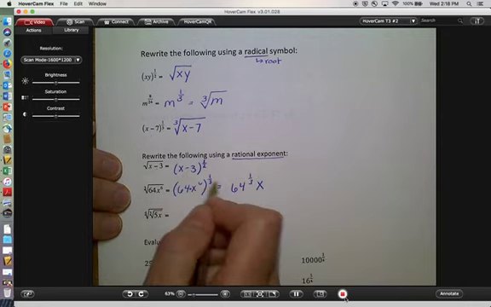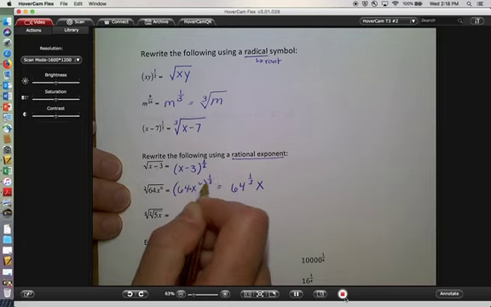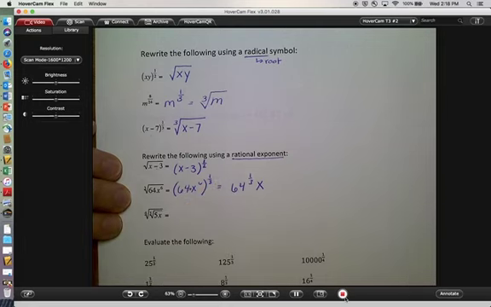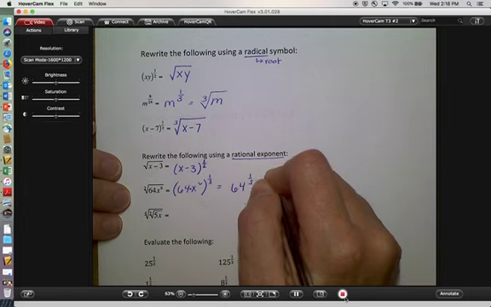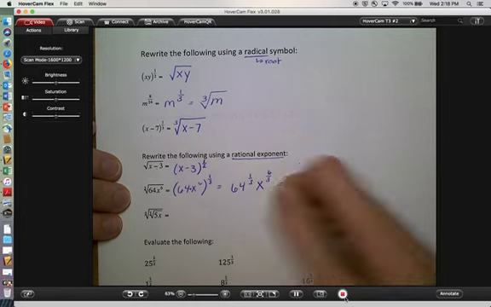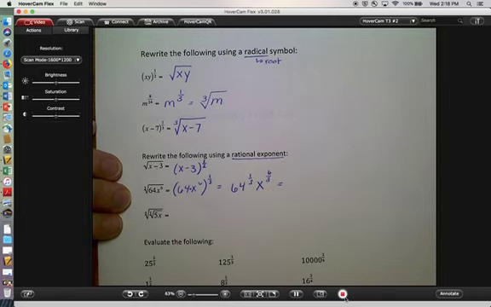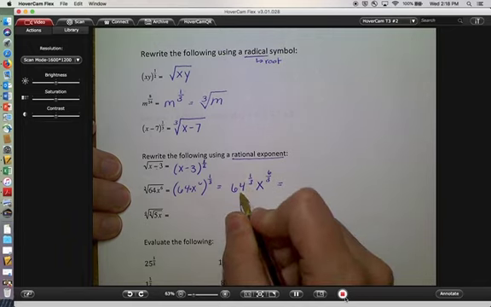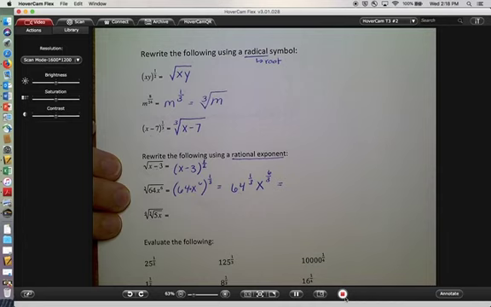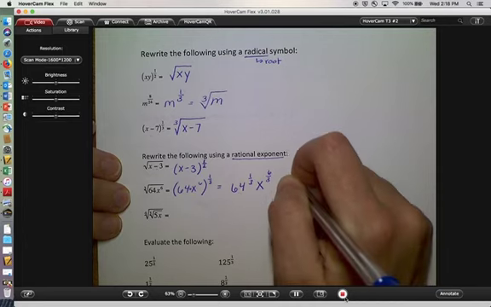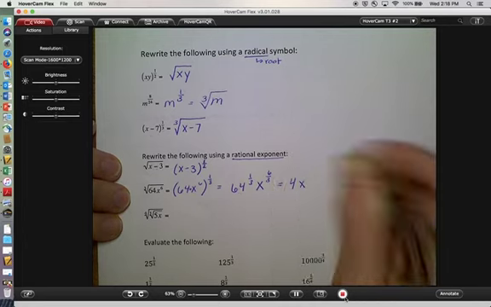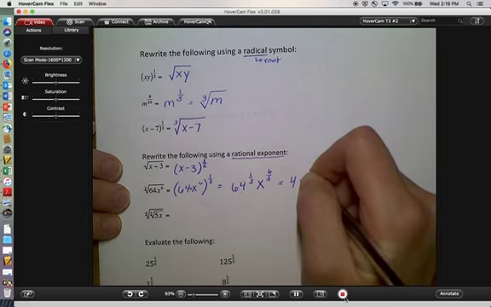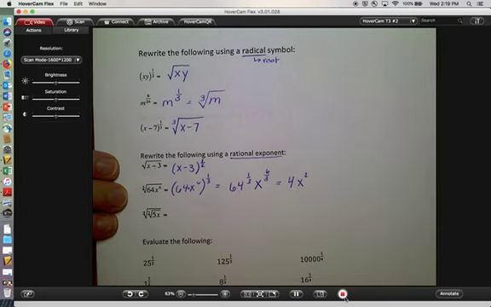Anyway, so I'm going to distribute the power of 1/3 to 64 and also to the x to the 6th, which becomes a 6 over 3. I can simplify this even more. 64 to the 1/3 means the cube root of 64, which is actually just 4. And then 6 over 3 is an exponent of 2 on x.